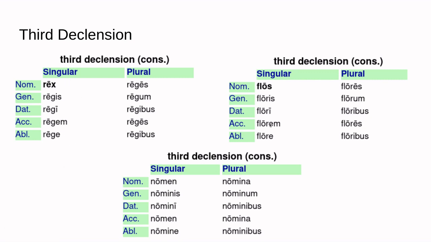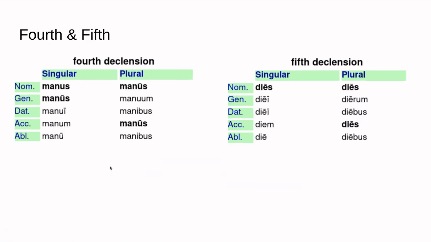So like flos goes to florem, nomen goes to nominis, rex goes to rege. So third declension is a little more fun. Most of the words you'll encounter are in these first 3 declensions. There's also a 4th and the 5th. So like the word for hand is 4th declension. The word for day, dies, is 5th declension. Most of what you're going to be doing is in the 1st, 2nd, and 3rd.